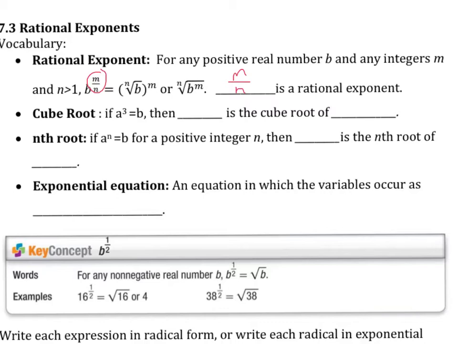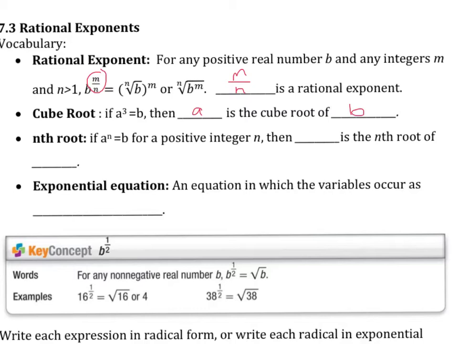Now we've said cube root a lot lately, and whenever we say a cube root, that is if a to the third is b, then a is the cube root of b, because a to the third power equals b. Same thing goes for the nth root. When we say the nth root, we're going to be able to fill in any positive integer for n.